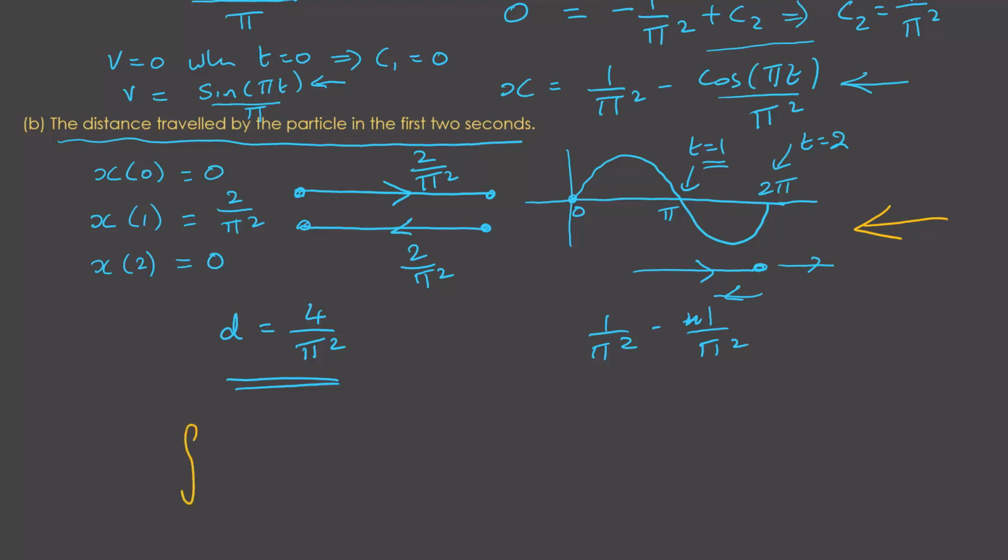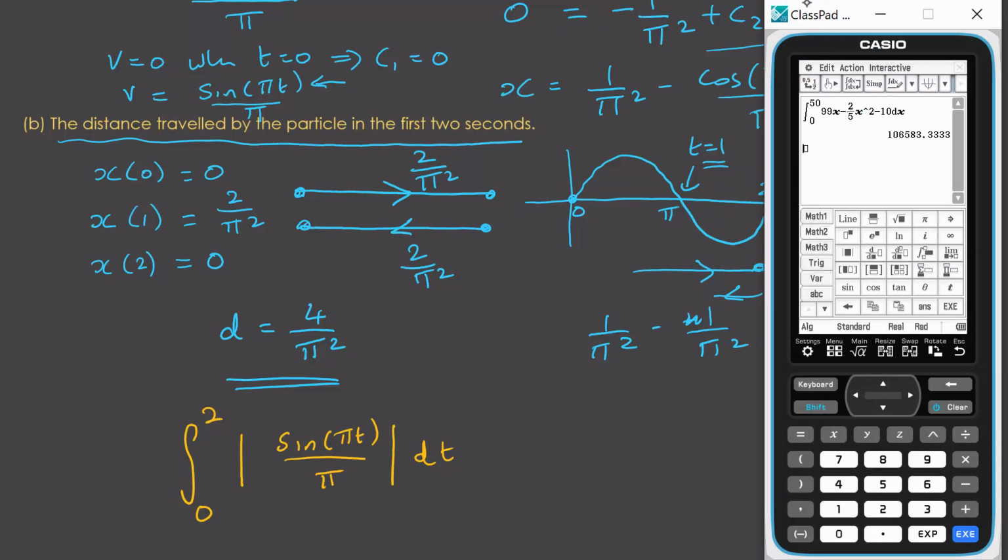What we're actually going to do is the integral from 0 to 2 of the modulus of the velocity. And that should give us the total distance travelled. So let's get our calculator back. This is a very useful trick, both in the methods exam and in specialist.